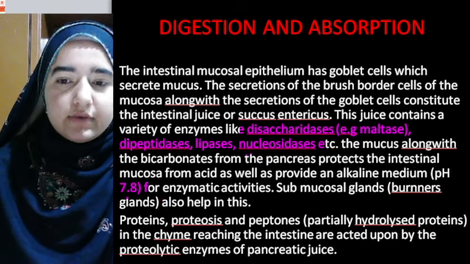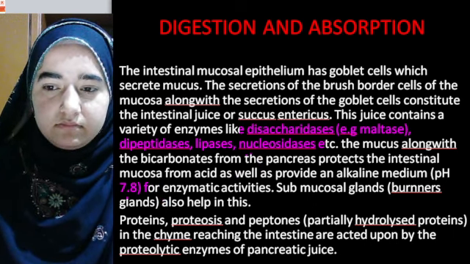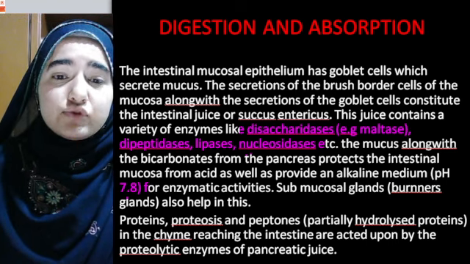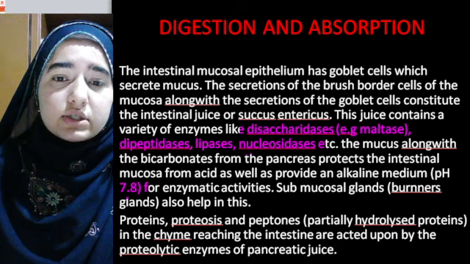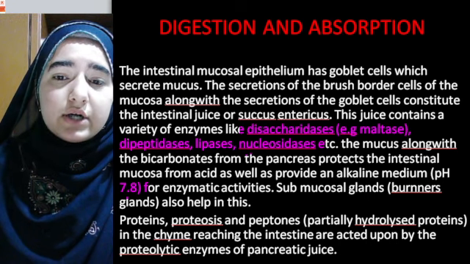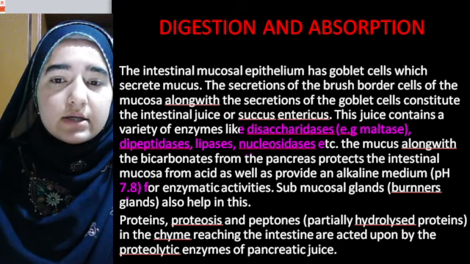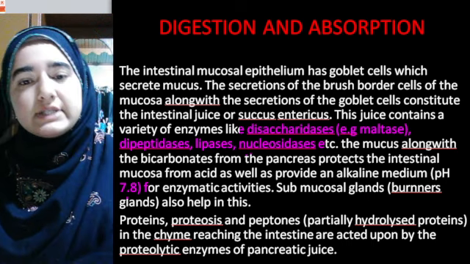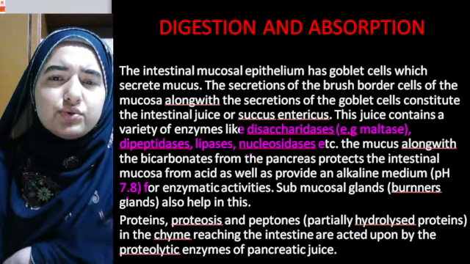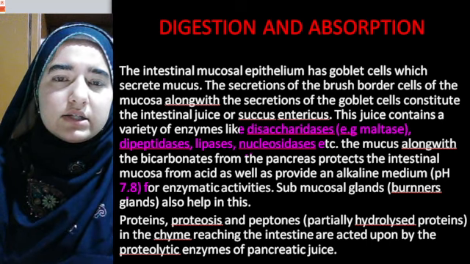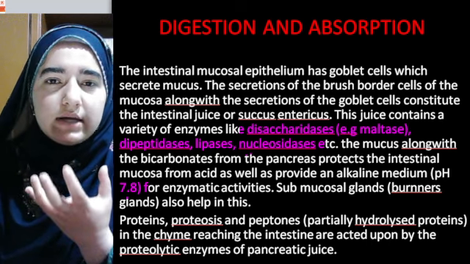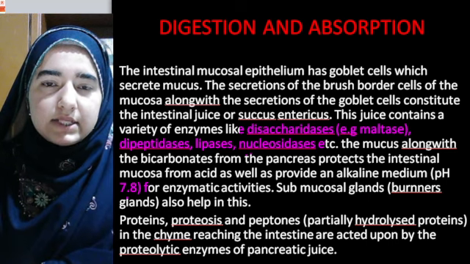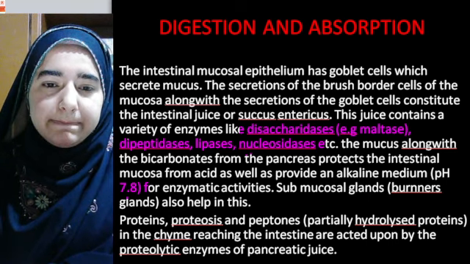Okay, moving forward. We have so many proteins, like proteoses and peptones. They are partially hydrolyzed proteins in the chyme, which is the juice of the stomach. Juice in the sense of digested particles, a semi-solid, semi-liquid substance, that's why we call it chyme.